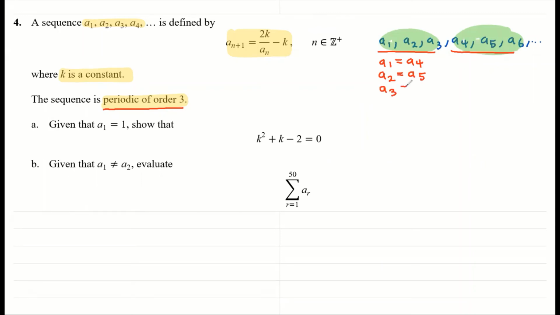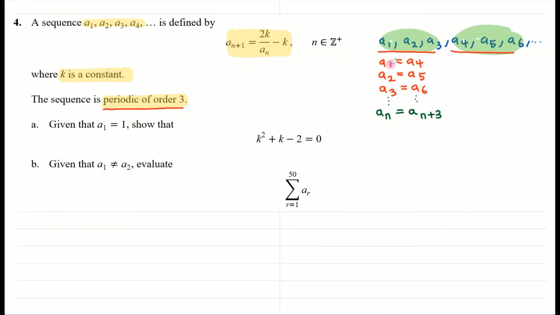A3 is going to equal A6, and so on and so on. Now, let's just generalize this. What about the general form? Well, for a sequence that is periodic of order 3, we know that if we have AN, for example, the general term, it's exactly the same as AN plus 3. Okay, and you can see that all the way down.